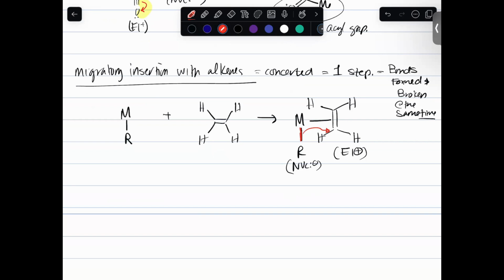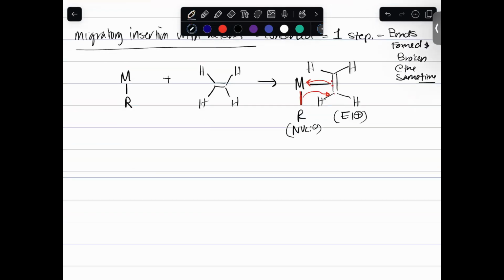Attacks our carbon. Our carbon can have 5 bonds to it. Attacks our metal. And so what you get, if you follow your arrows, your metal is now bonded to a carbon, and specifically the top carbon. You now have your hydrogens and your R group.